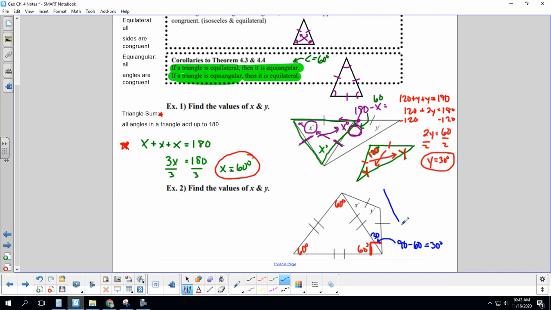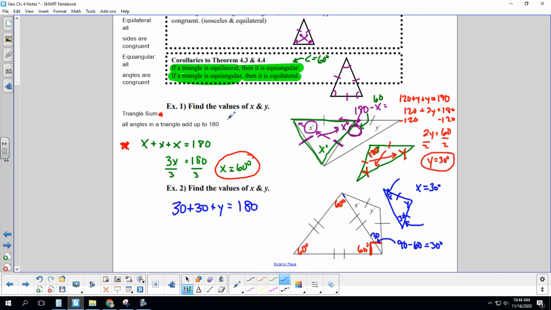Now we're going to look at this triangle here. It's the same as this one. X is in this corner, y is in this corner, and this side is congruent to this side. So we know that our two base angles, this guy and this guy, are congruent. So we can say x is equal to 30. And we're going to do a little math equation: 30 plus 30 plus our y value is equal to 180.